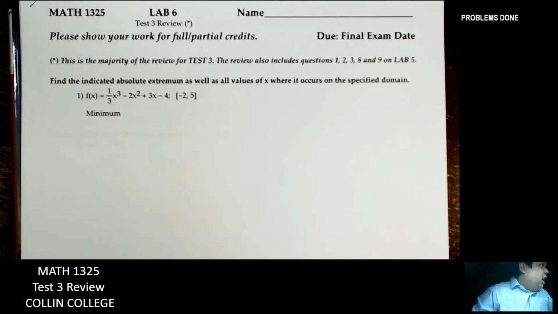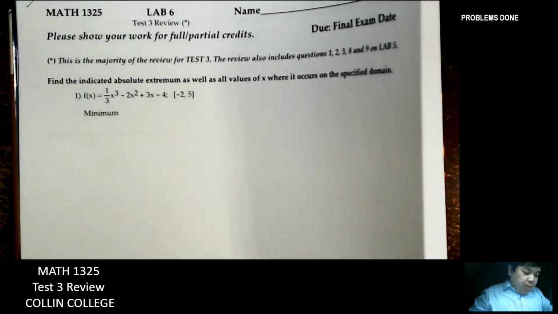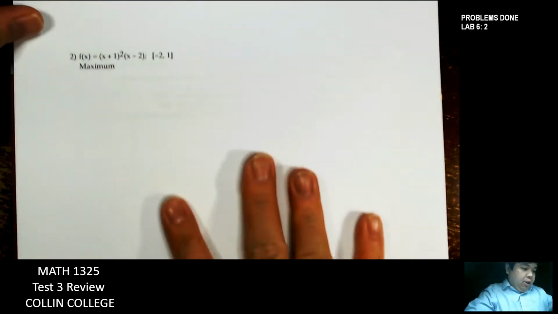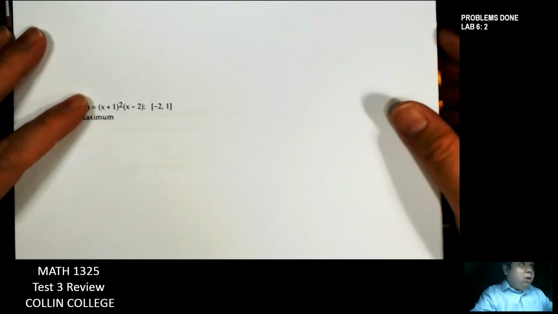Haven't seen any question yet, but I guess I will start with number 2 on lab 6. It's not much difficult.